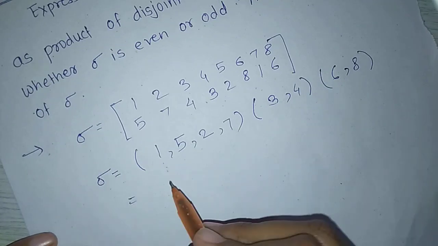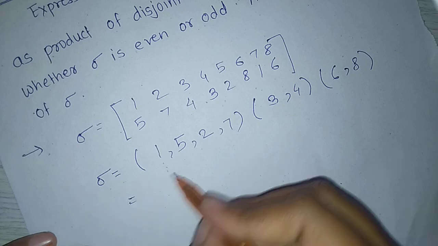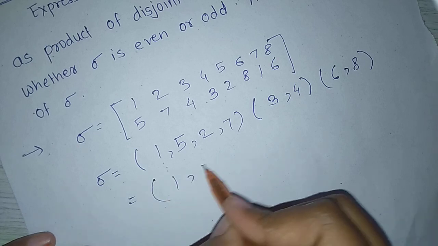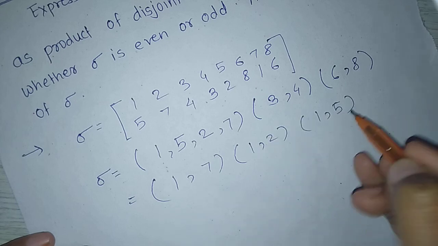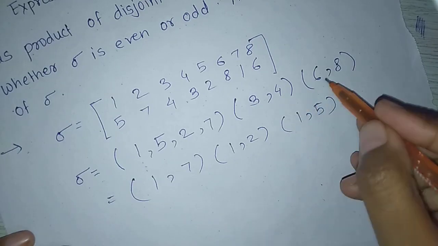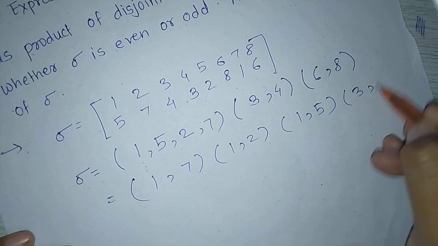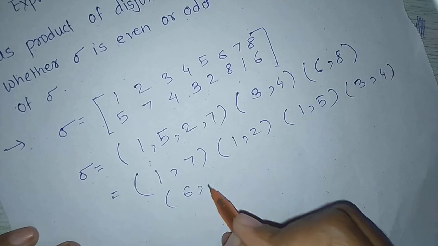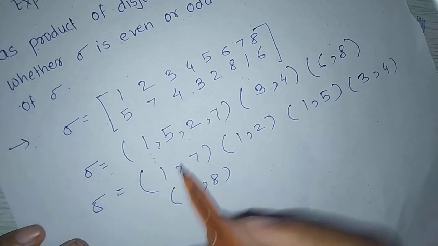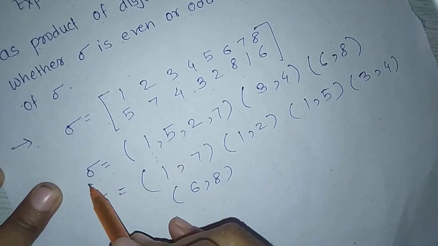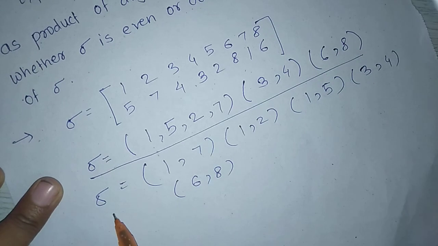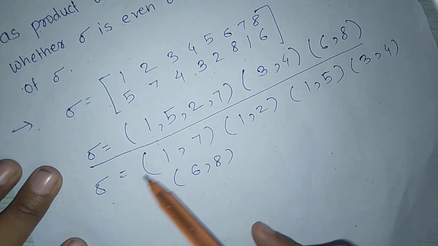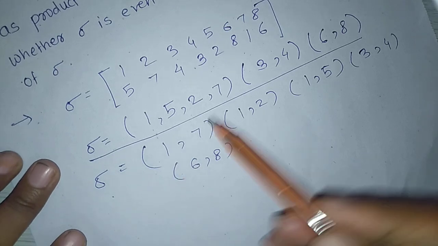Now write this as a product of transpositions: (1 7)(1 2)(1 5) times (3 4), and (6 8) as it is. So this is the product of disjoint cycles, and here we determine whether sigma is even or odd.